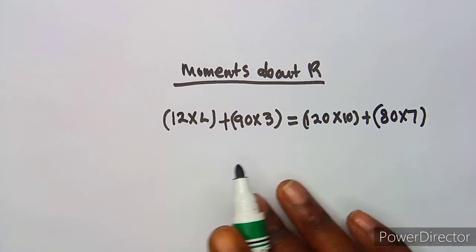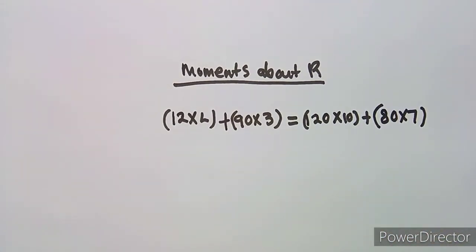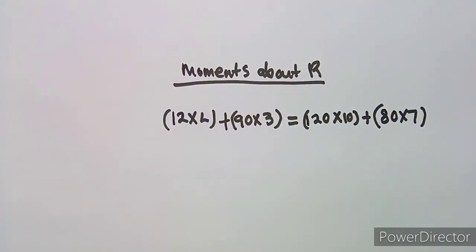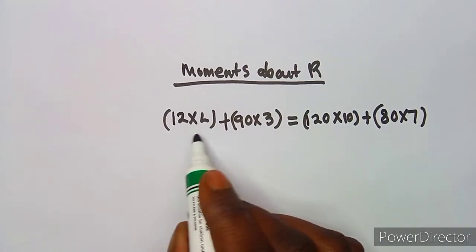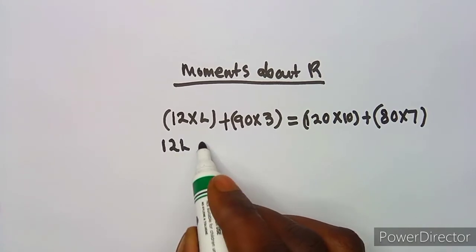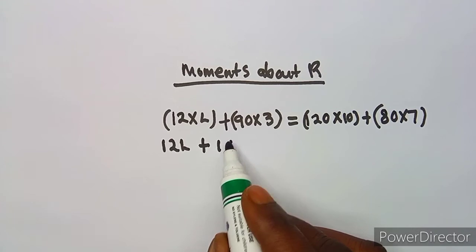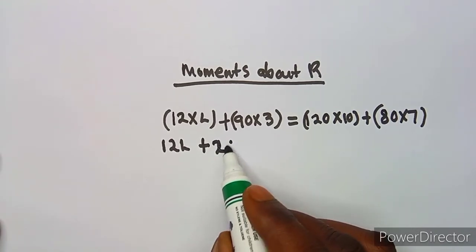Okay, so these are the moments that we had. As you can see, we do not have any other. It's now a matter of combining these together and seeing what we are going to have. So this one is going to give us 12L plus 90 times 3, which is 270 from your calculator.